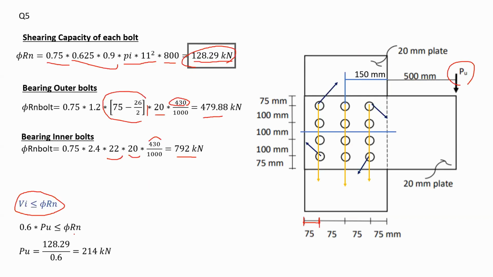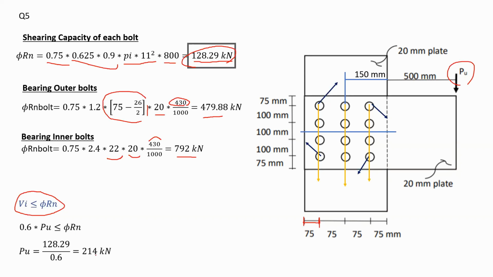I have a question. Sure. What if the distance between the bottom bolt and the bottom edge of the plate was less than 75? Would we take that distance as a clear distance? I mean, how can I show you?